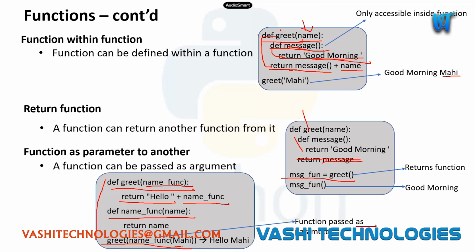And the name function is expecting some variable here, right? Name variable, name argument. And I'm passing Mahi as the argument to this name function. And this name function is passed as an argument to this greet function, and this greet function will accept this function and it will return hello plus this name function. This name function will just return name, so I'll be getting output as hello Mahi. So if you observe, this is a function being passed as a parameter.